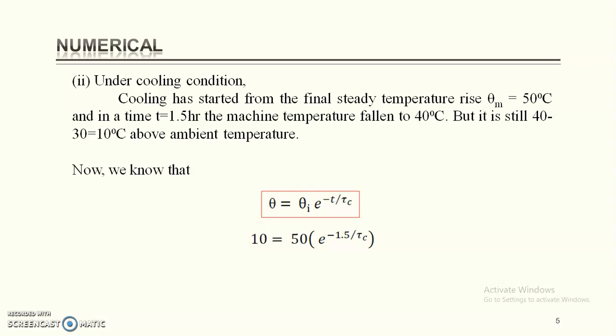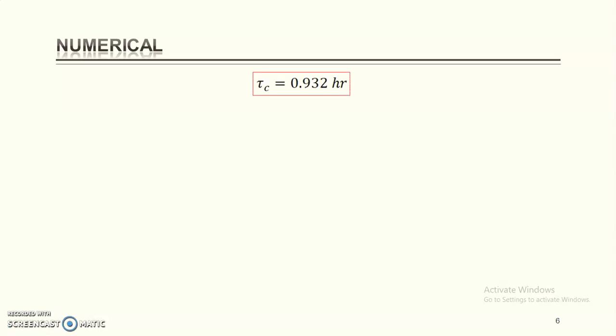Tau c we have to calculate. Taking 50 to the left hand side, 10 divided by 50 gives 0.2 equals the exponential term. Taking the natural logarithm, log of 0.2 to the base e equals minus 1.5 upon tau c. Finally you can calculate tau c equals 0.932 hour. This is the cooling time constant.